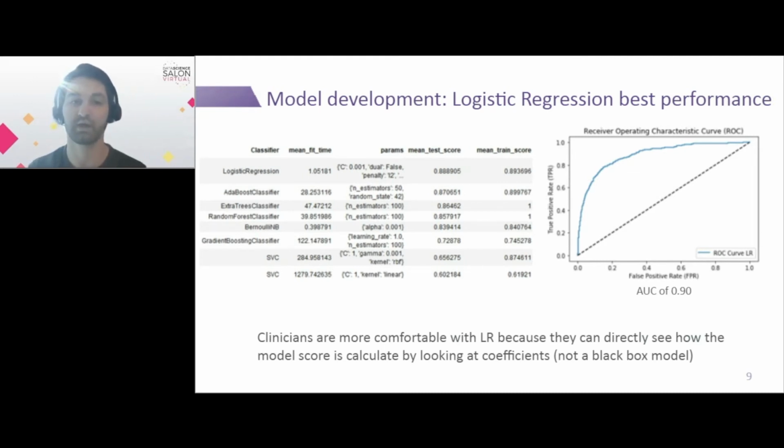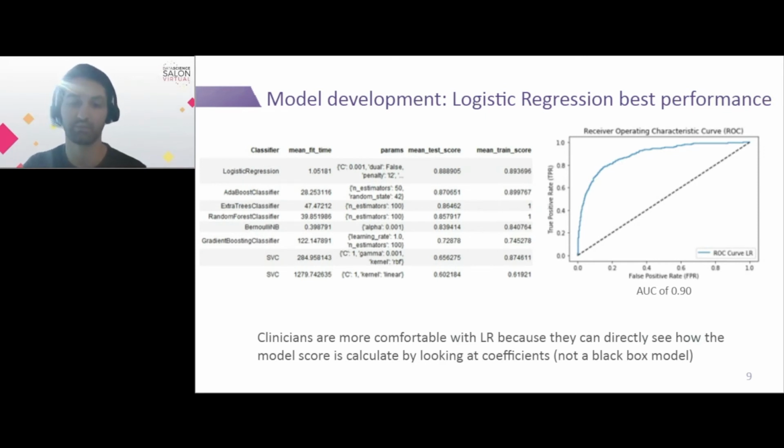So it's not a black box model like you sometimes see with a neural network, where you throw a bunch of data at it and you're not really sure how it's getting to the prediction. You can see what's driving those scores based off the model coefficients of those features.